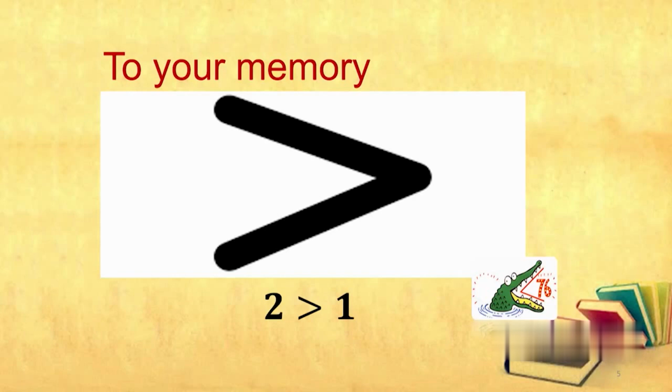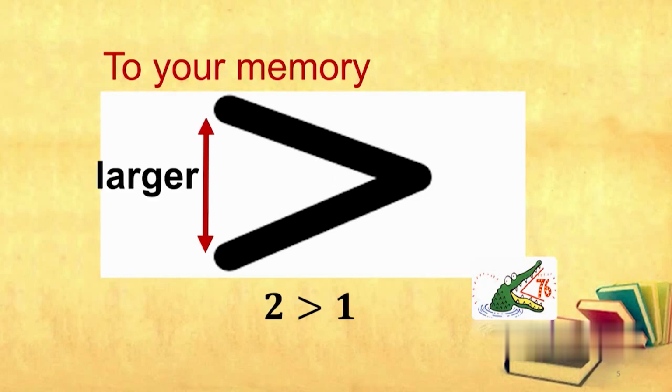That means, remember children, the larger number you can put on the left side and the smaller number you can put on the right side, like that. Now I think greater than and less than are clear to understand.